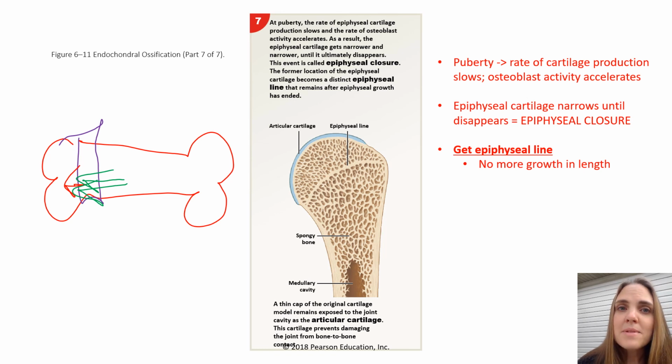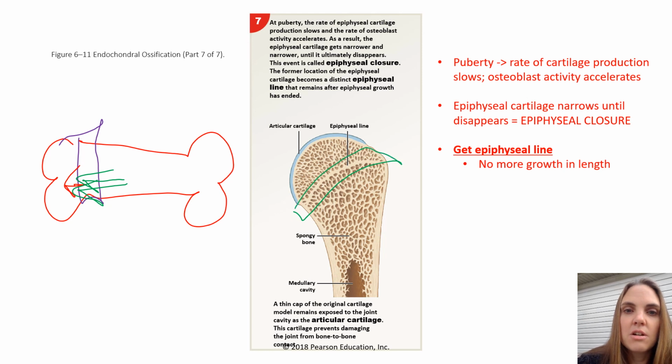And so what happens is we end up with that epiphyseal cartilage getting narrower and narrower until it eventually disappears. And what we have left behind is the epiphyseal line, and you can see that in this image here. This process is called epiphyseal closure, and you might hear people calling it closure of the growth plates.